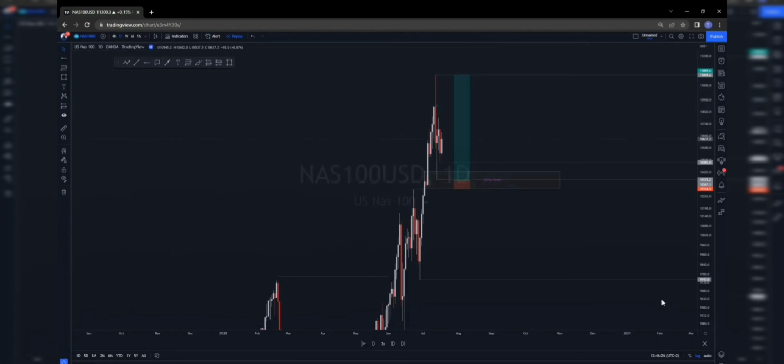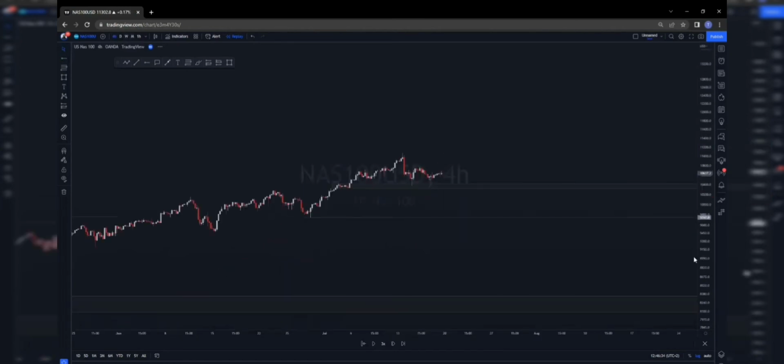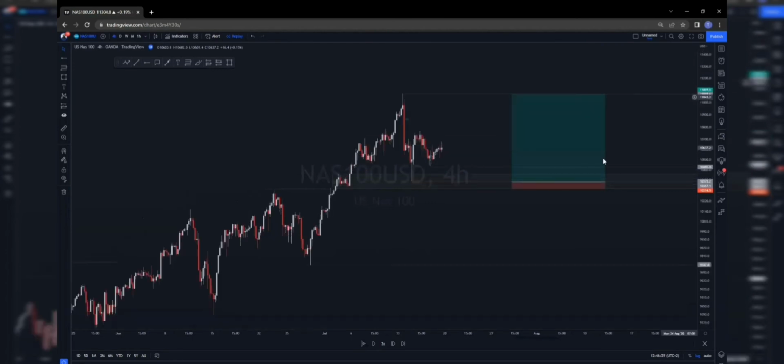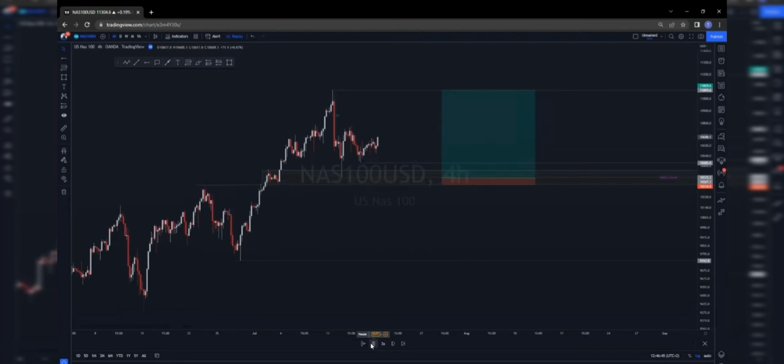For as long as the market does not violate the lows, you have no reason to sell. So even if there's a change of sentiment-ish on the lower time frame, for as long as on the higher time frame the trend hasn't changed, I have no incentive to sell.